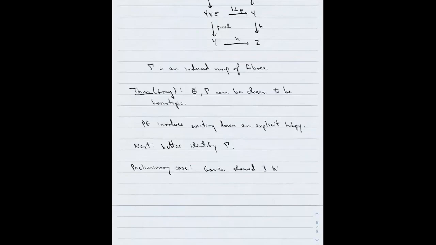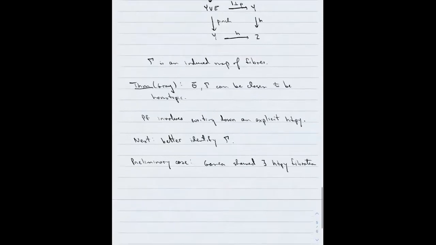Ganea showed there's a homotopy fibration where if you start with a wedge of two spaces and you include it into the product, then the fiber is loop x1 join loop x2. And the map from the fiber to the wedge is a Whitehead product.